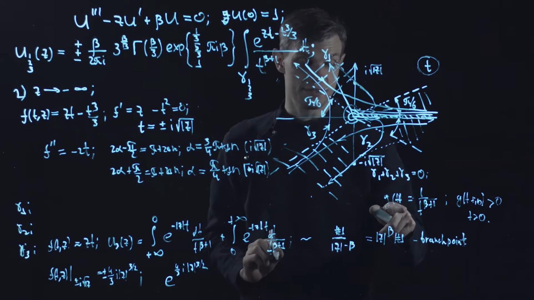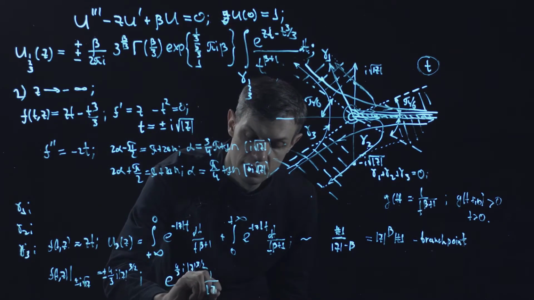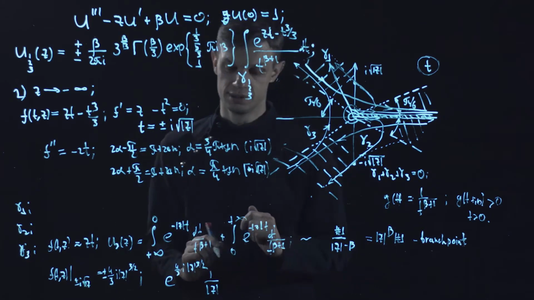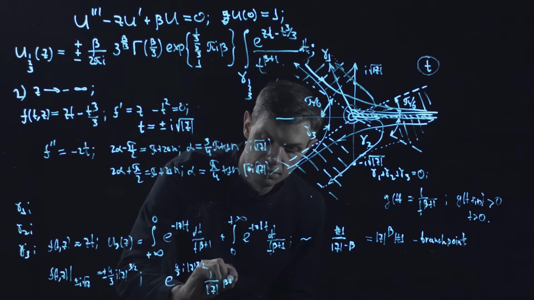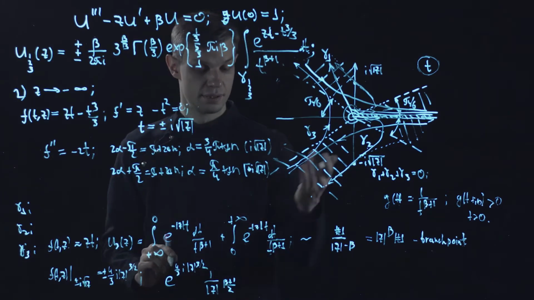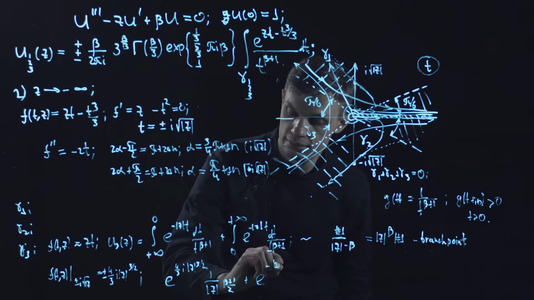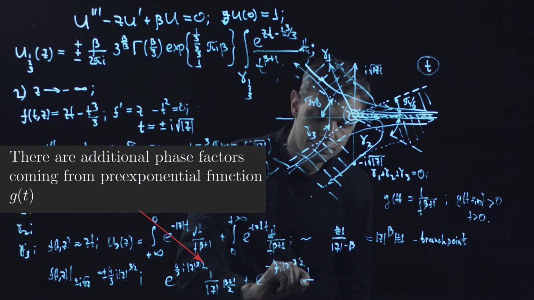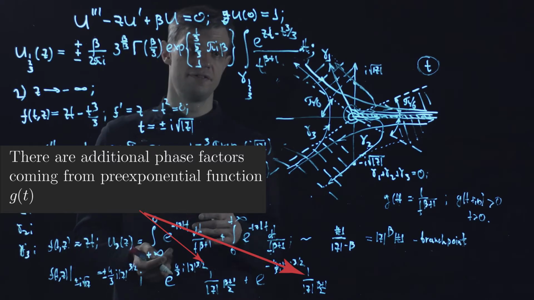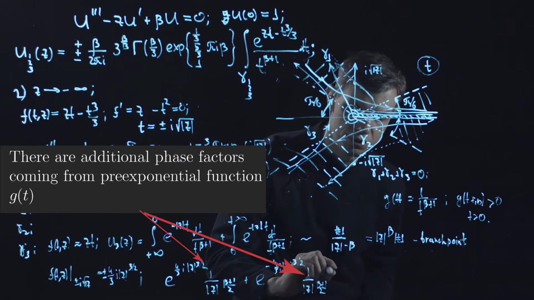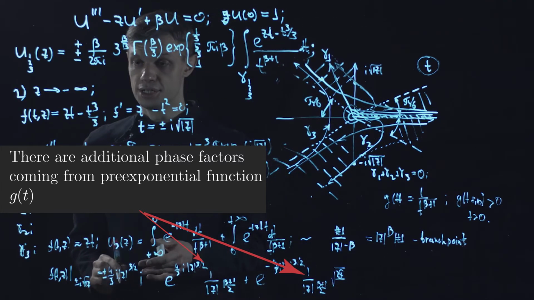And the value of the g of t function at the saddle will be simply 1 over the square root of beta, the square root of z to the power beta plus 1. So it's from the upper saddle and an identical contribution from the lower saddle. There will be, of course, an additional pre-exponential factor, which is the square root of 2 pi divided by our large parameter.